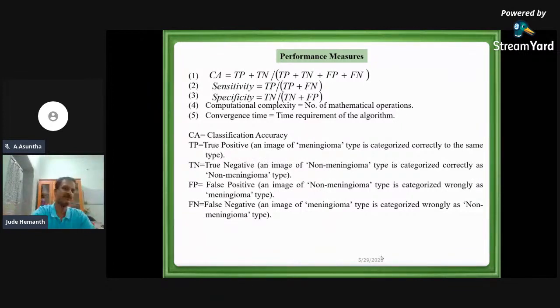And among these 4, the dangerous one is false positive. What do you mean by false positive? Positive means the patient is suffering from the disease, but your method has failed to identify that the patient is suffering from that specific disease. So true means correct identification, false means wrong identification.